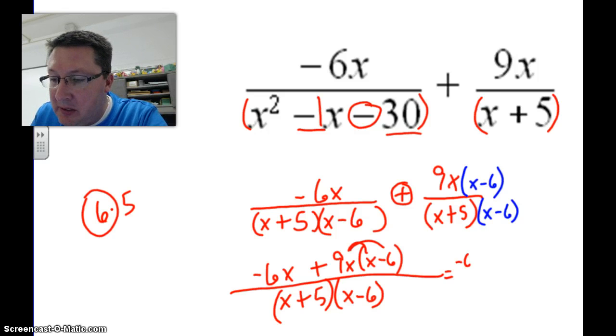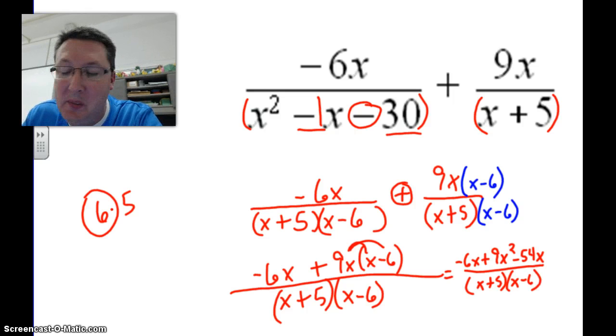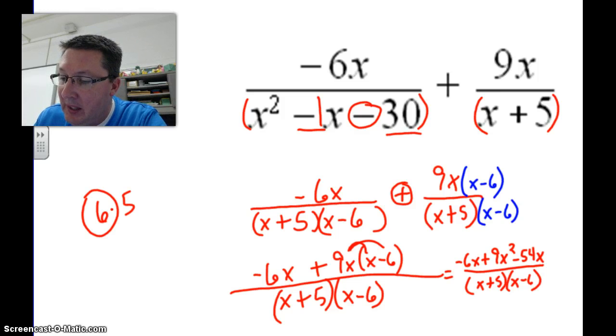So I'm going to have negative 6x. When I distribute 9x, that gives me plus 9x squared minus 54x. All over that denominator. Again, don't worry about distributing or multiplying the denominators. That's not going to help you out any. Okay, on top we do have a couple of like terms that we need to put together.